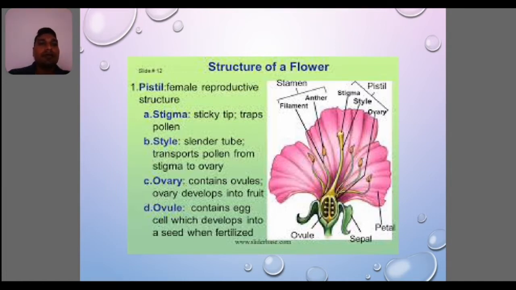When we talk about flower structure, the flower may be a bisexual flower, having both of the sex organs, androecium and gynoecium, while in some angiospermic plants there may be unisexual flowers also.